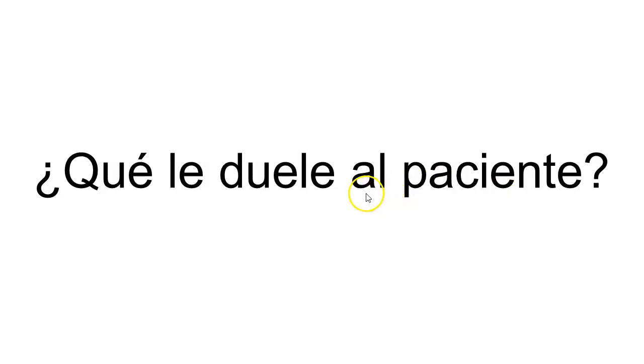Now, the al paciente clarifies the le, because remember the le can mean to you, it can mean to him or to her as an indirect object pronoun. The question ¿Qué le duele by itself is ambiguous because you don't know without any clarification if I'm asking you what's bothering you or what's bothering him or what's bothering her, because that's what ¿Qué le duele means. It can mean any of them.